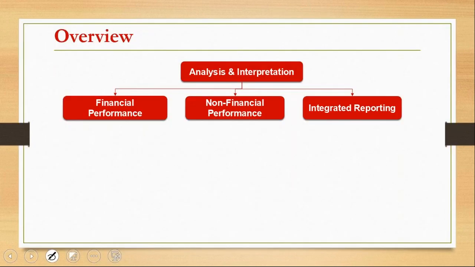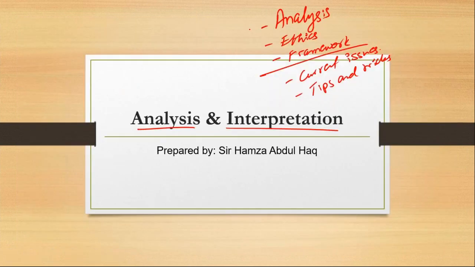When we talk about the analysis, we are going to discuss the financial performance analysis, non-financial performance analysis, and the area of the integrated reporting. These are three areas which are the part of the analysis. From paper point of view, we are going to have a question of around 7 to 10 marks for the ethics and 10 to 15 marks for the analysis.